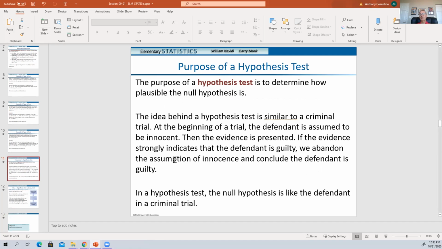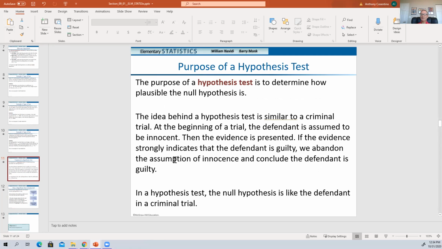I find that this is a really good analogy. Kudos to the book on this one. The idea of hypothesis testing is very similar to a criminal trial: you are innocent until proven guilty.